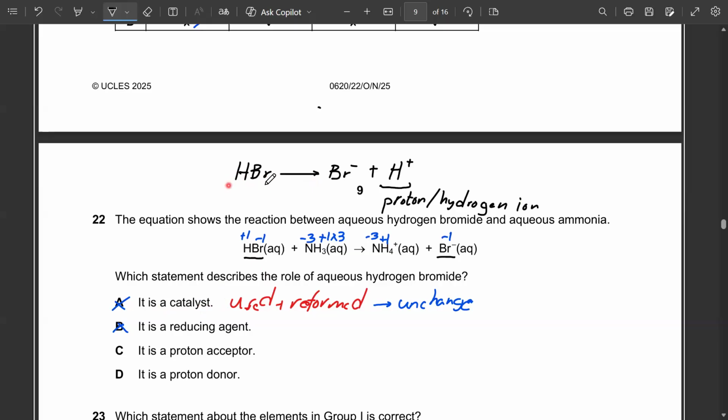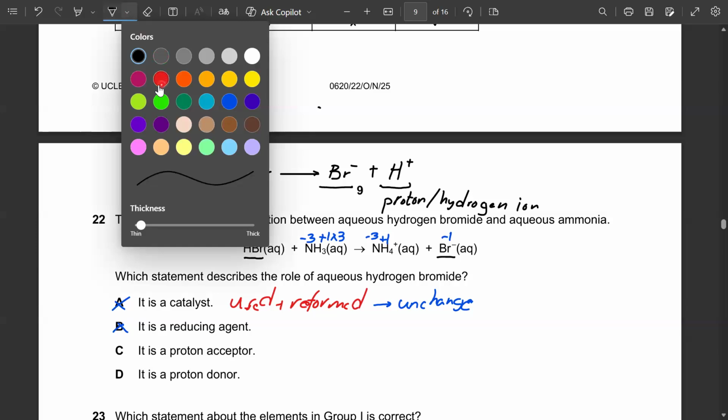So it is not an acceptor, it is a donor. HBr is a proton donor because when we compare it with the bromide, there is no more hydrogen bonded with the bromine. That's why we can clearly say it has lost the proton, and by lost proton, we mean HBr has donated the proton. It is a donor. So that's why C is not the correct option.